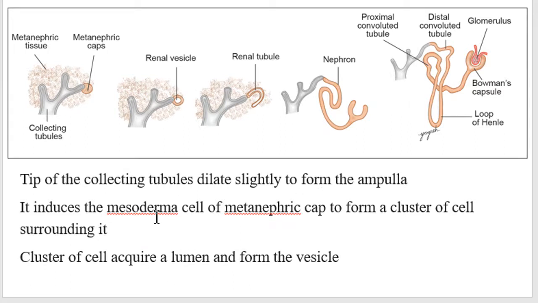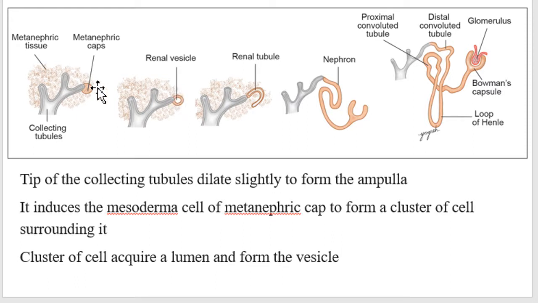It induces the mesodermal cells of the metanephric cape to form a cluster of cells surrounding it. This cluster of cells acquires a lumen to form a renal vesicle.